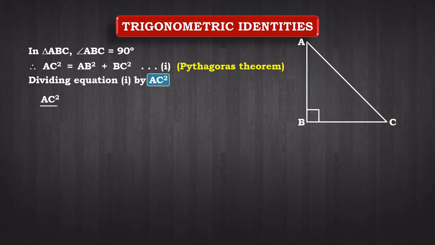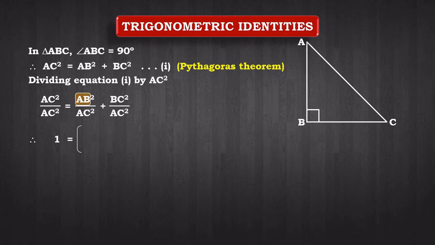This gives AC squared divided by AC squared is equal to AB squared divided by AC squared plus BC squared divided by AC squared. Since AC squared divided by AC squared is equal to 1, we get 1 is equal to AB divided by AC, the whole squared, plus BC divided by AC, the whole squared.